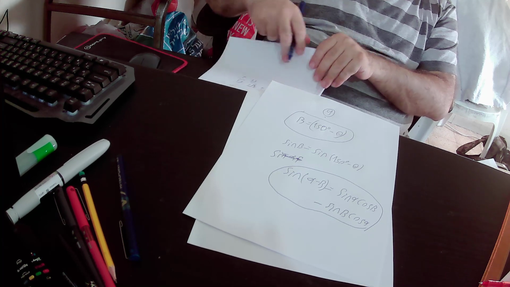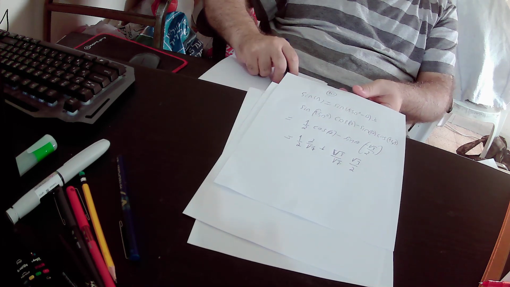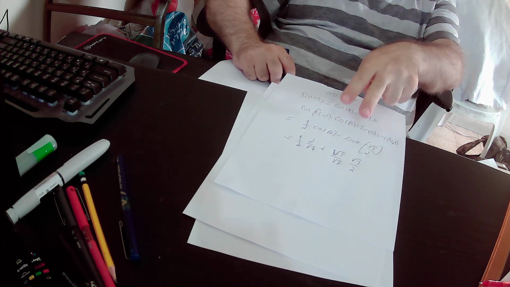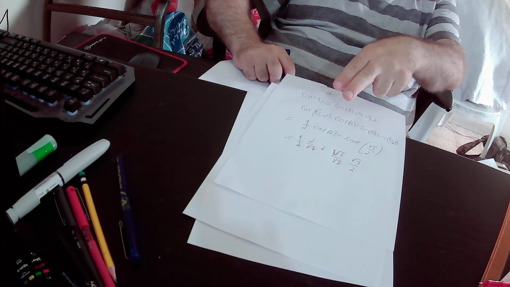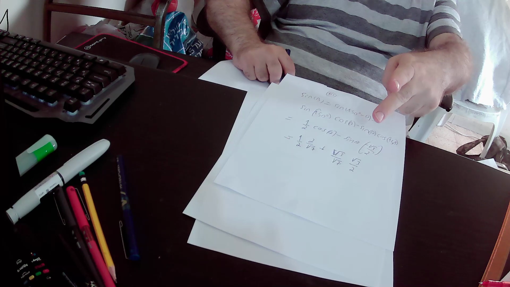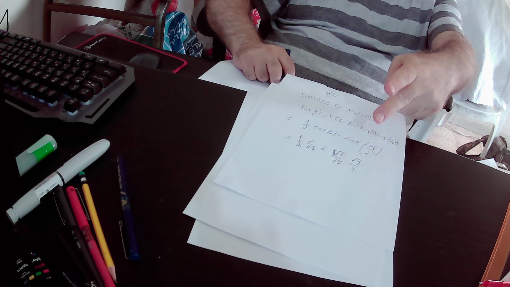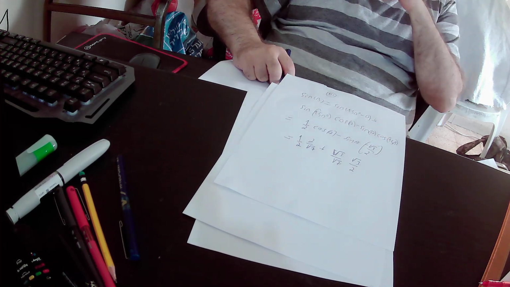Okay, so after we put the value of sin theta and cos theta in this expression, we got that 1/2 times 2 over root of 7 plus root of 3 over root of 7 times root of 3 over 2 equals sin beta.